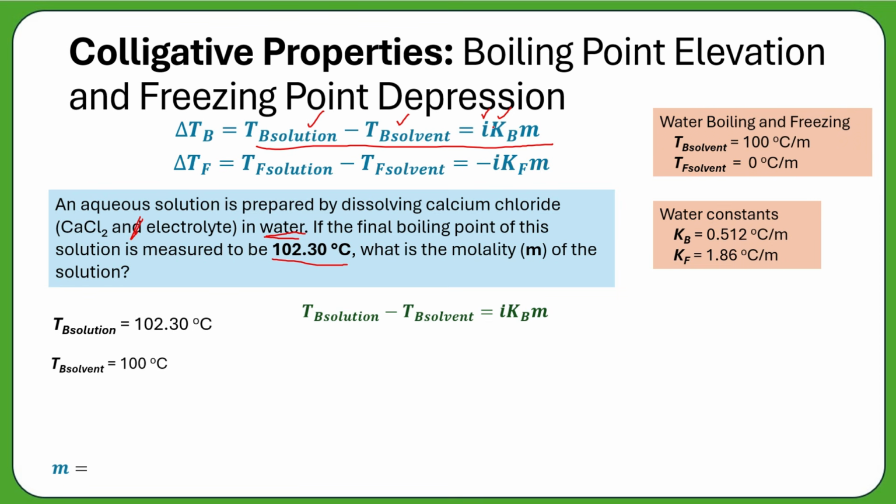Next, do we know i? To get i, again, we need to find the solute. The solute is CaCl2. And what is the number of i? It's 3, right? Because if we separate CaCl2, there's one Ca and there are two Cl. So we have 3. Now, do we have Kb? Yes. Since it's boiling, we're going to use 0.512.